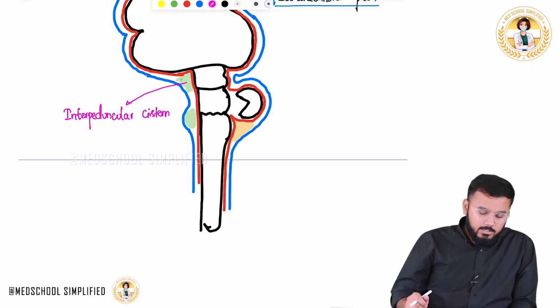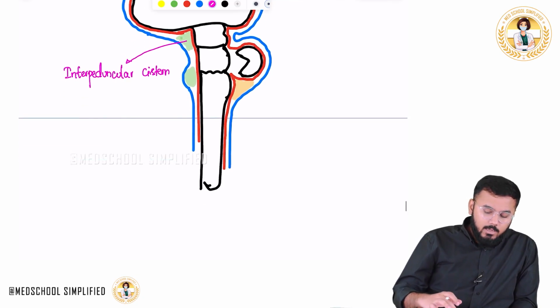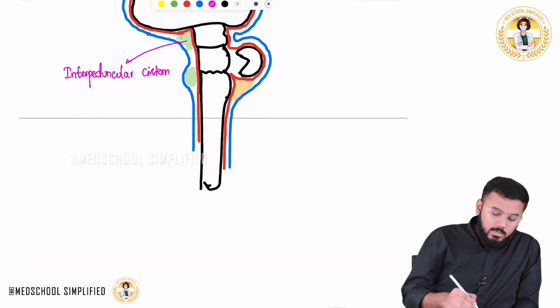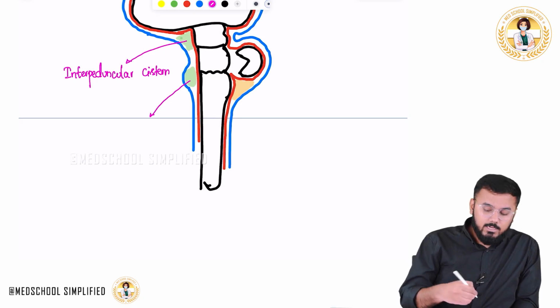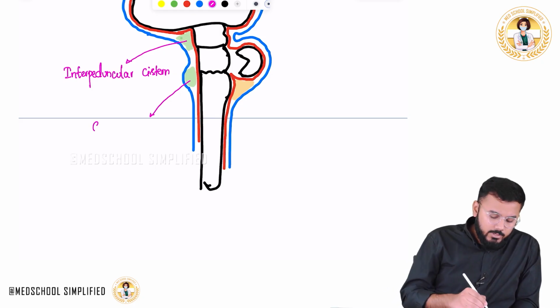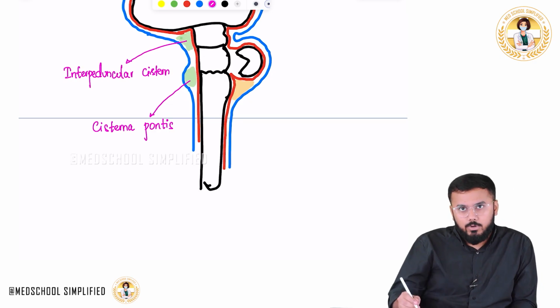So this particular cistern, whatever you can see over here, is called your interpeduncular cistern, right? Now after this, you can also see another cistern located just beneath this. Where is this cistern located? This cistern is located in front of the pons. So that is why it is called the cisterna pontis.